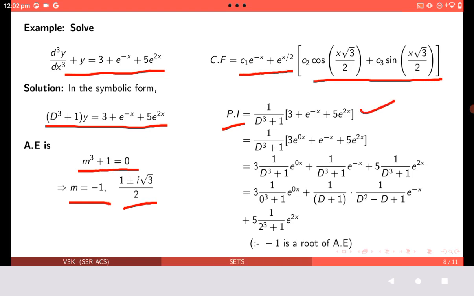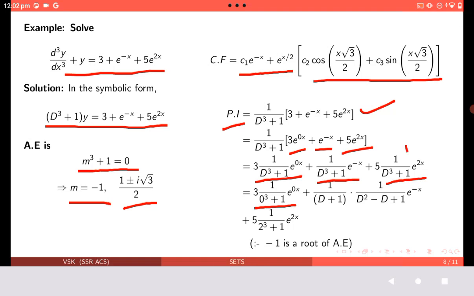This 3 can be written as 3 into e to the power 0x, then e to the power minus x, and 5 e to the power 2x. Now here the 3 goes out, this expression can be written like this, this expression is as it is, and 5 goes out like this. Now here there is no problem. We can replace D by 0, and this expression becomes 3 upon 1 upon 0 cube plus 1 e to the power 0x. Now the third one, here also there is no problem.